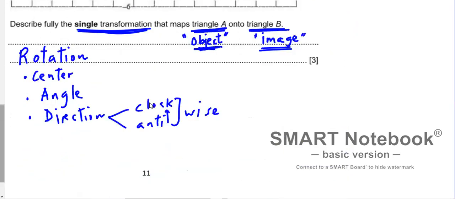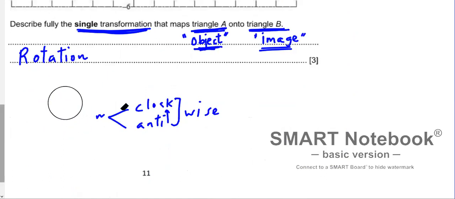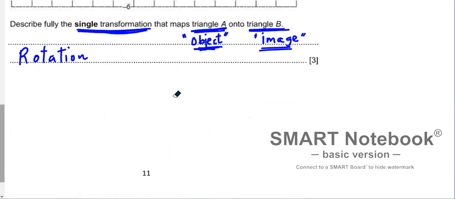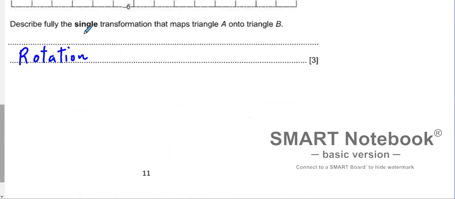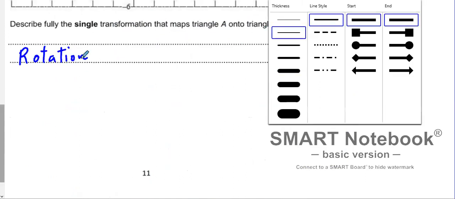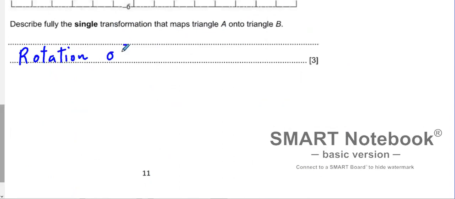So here you write that our center is 4, -1, and the angle is 90 degrees. So here you simply write the transformation which maps triangle A onto triangle B is purely rotation. Now, rotation of which angle?